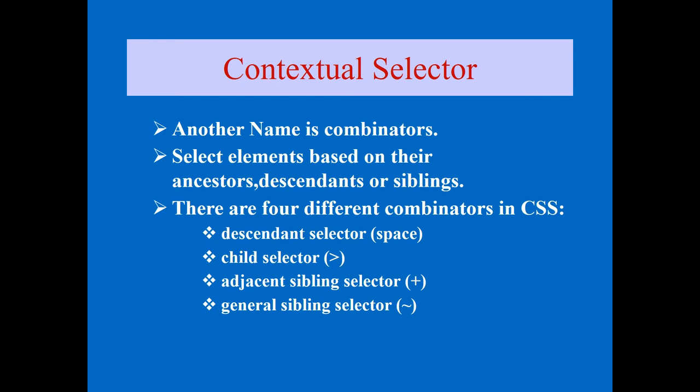First one is the descendant selector, along with the space; child selector, greater than symbol; adjacent sibling selector, the plus symbol; and general sibling selector, this symbol is called the tilde. So these four different combinations are available in the contextual selectors.